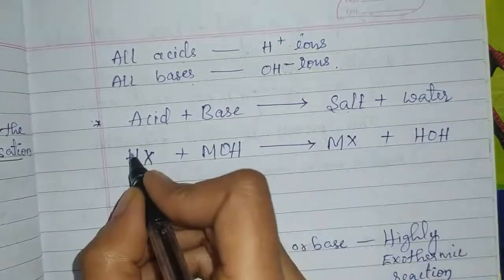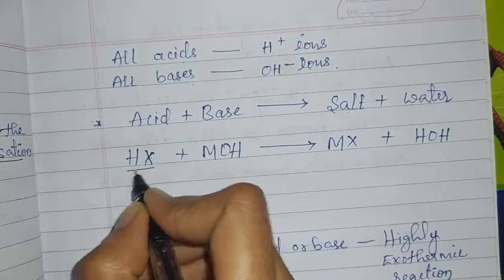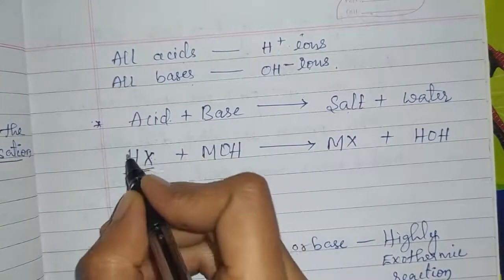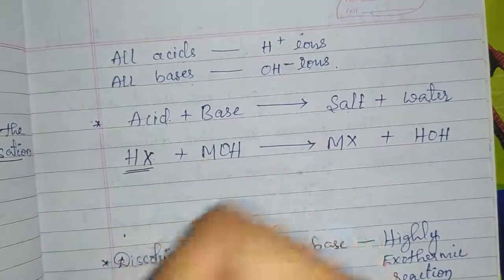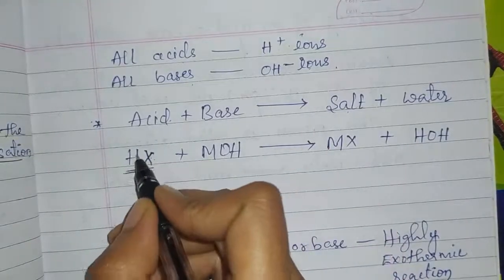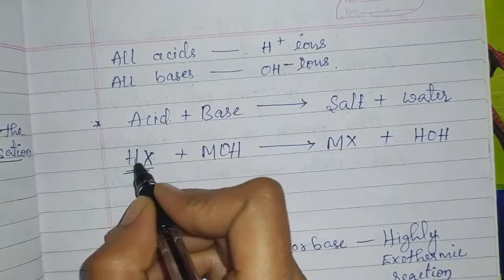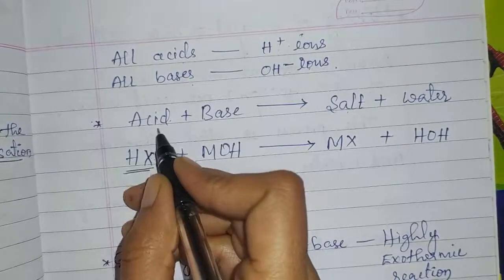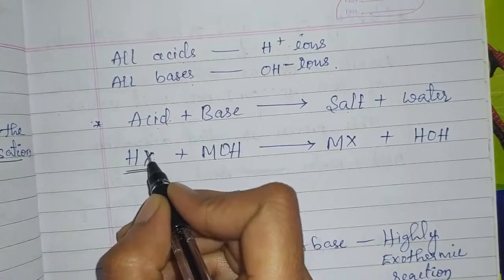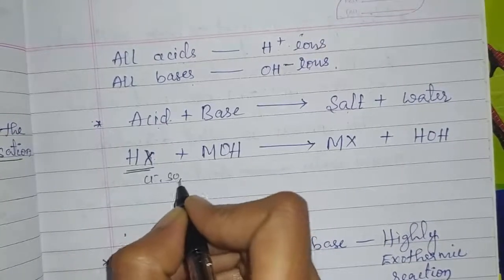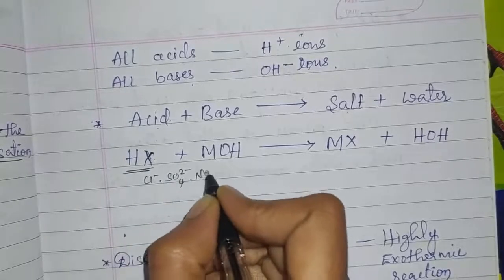See here, HX is the general chemical formula of the acid. Any substance which is capable of releasing hydrogen is said to be an acid. Here X may be chloride, sulfate, nitrate.